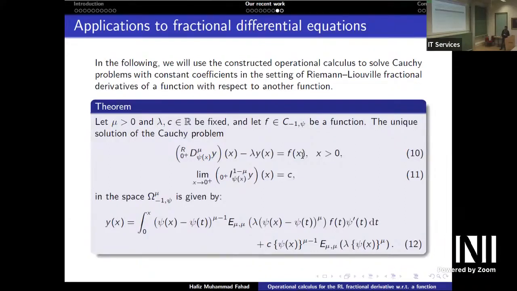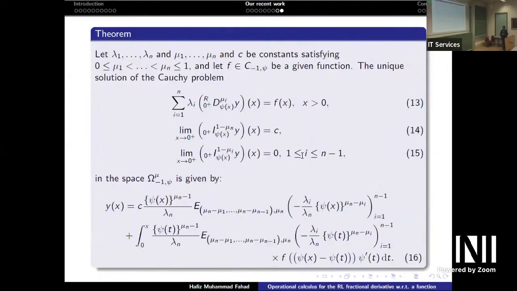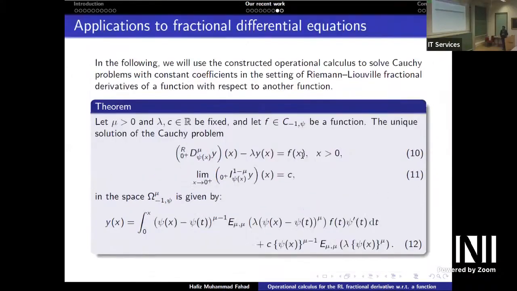In 11, we have the initial condition. So this initial value problem can now easily be solved using this newly constructed Mikusiński's operational calculus approach. Here we just solved a very simple, one term fractional differential equation.